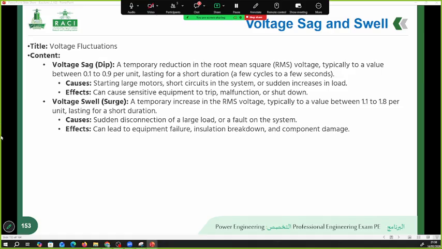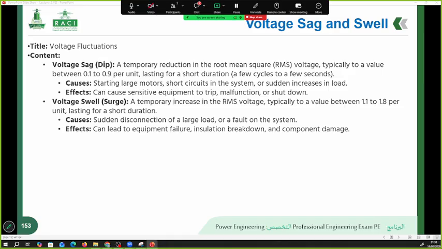A voltage swell is a temporary increase in the RMS voltage. The voltage rises to a value typically between 1.1 and 1.8 per unit, or 110% to 180% of the nominal voltage, for a short duration.